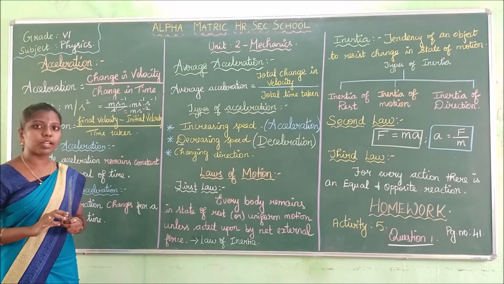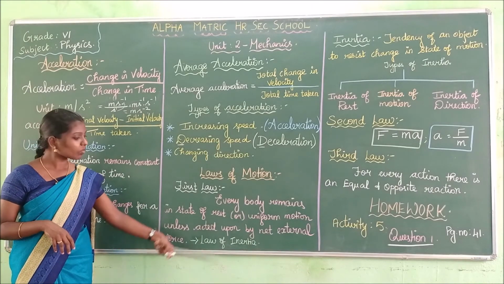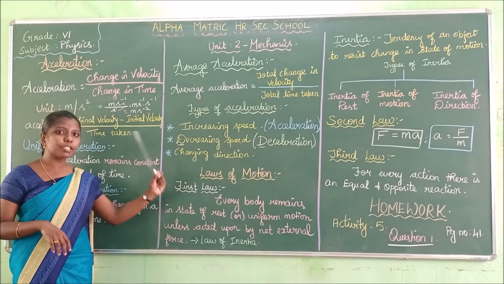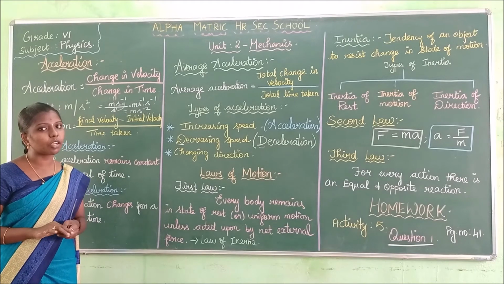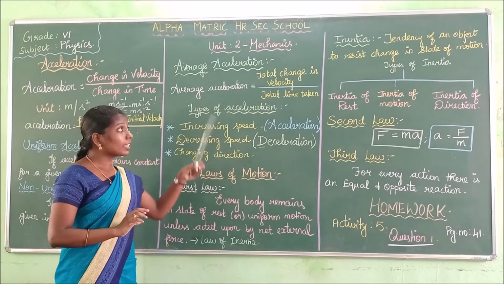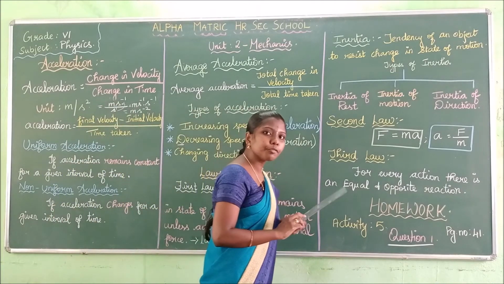Newton's first law of motion is also called the law of inertia. Yes, what is meant by inertia? Inertia is nothing but the tendency of an object to resist change in its state of motion.